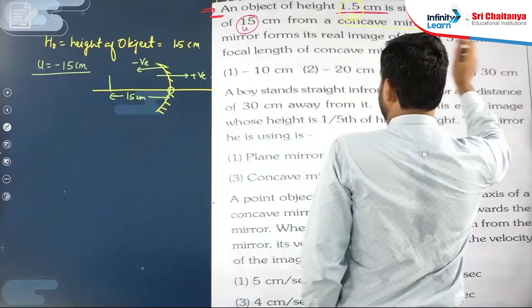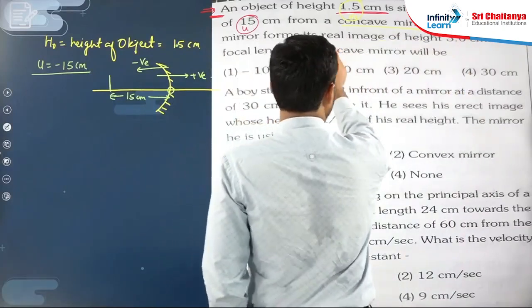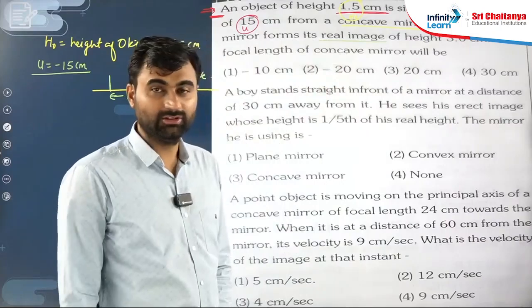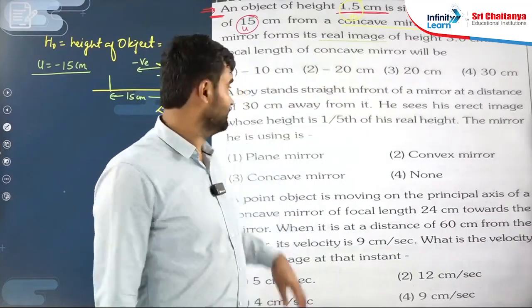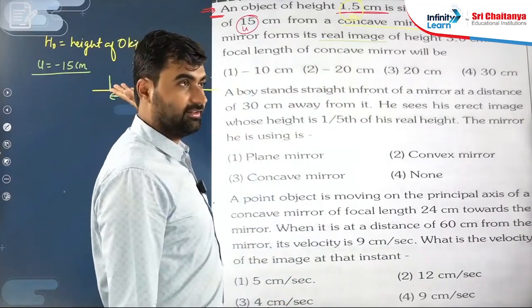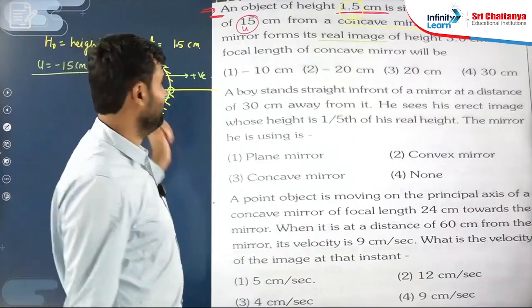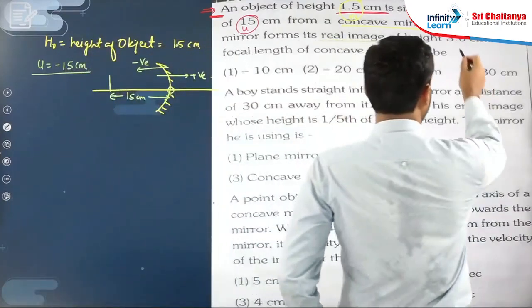The concave mirror forms a real image. You know, real image means this side, right? Already we discussed. And for this side, V value is negative. Agree or not?